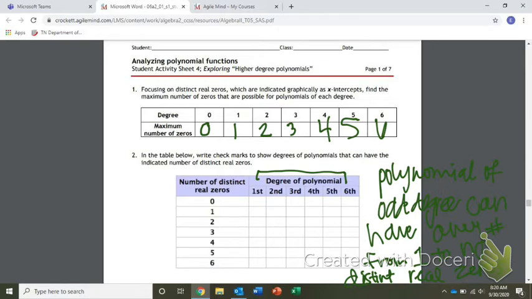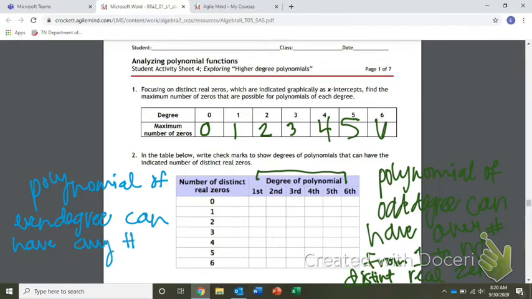Let me change the color so you can see it better. On the left side, I want you to write: a polynomial of an even degree can have any number from 0 to n distinct zeros.